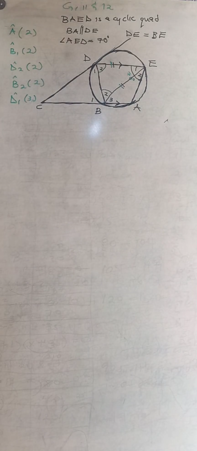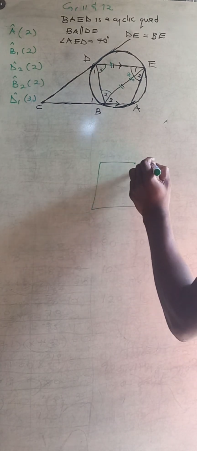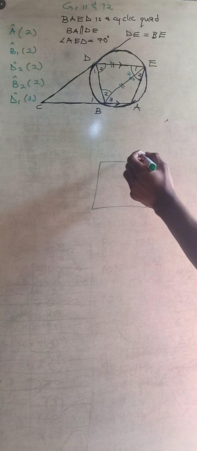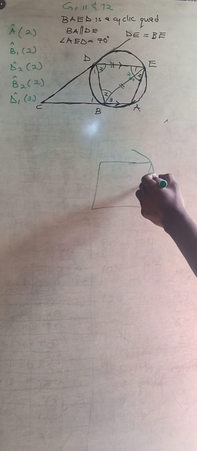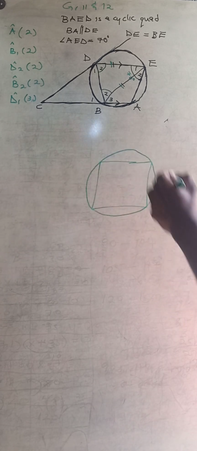Okay, so if we go on to the question, guys, quick revision. If we talk about a cyclic quadrilateral, we simply mean that its edges are along the circumference of a circle, right?